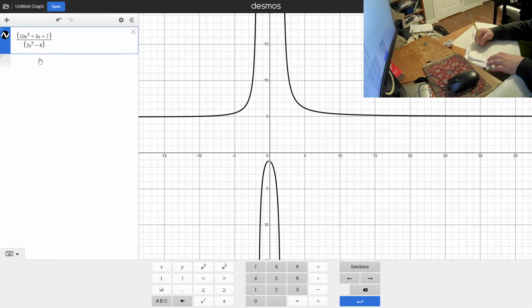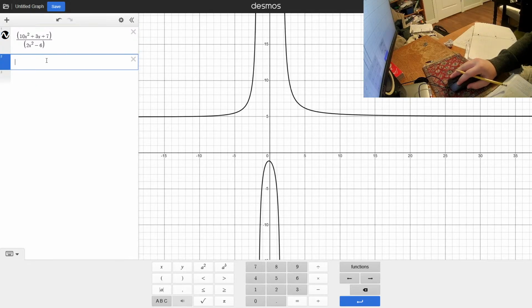So yeah, this one converges to 5. And that was easy. n plus 1 factorial over n factorial. That's just n plus 1. Which means that one diverges.